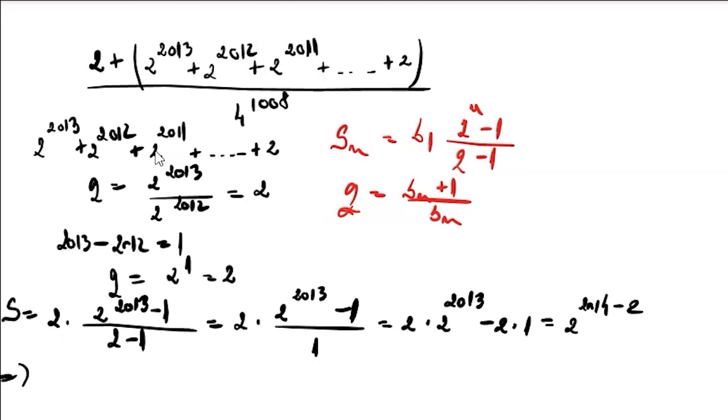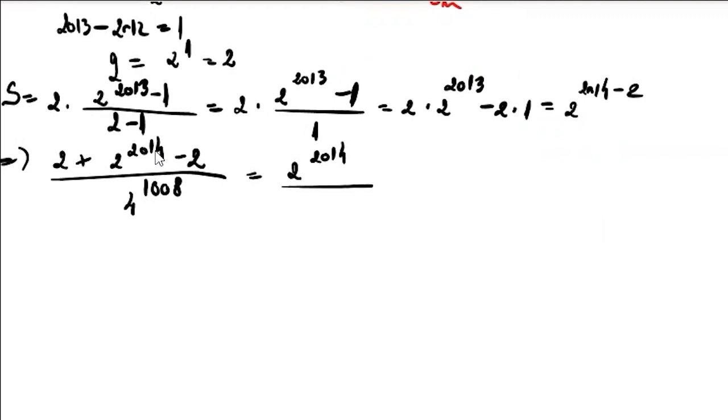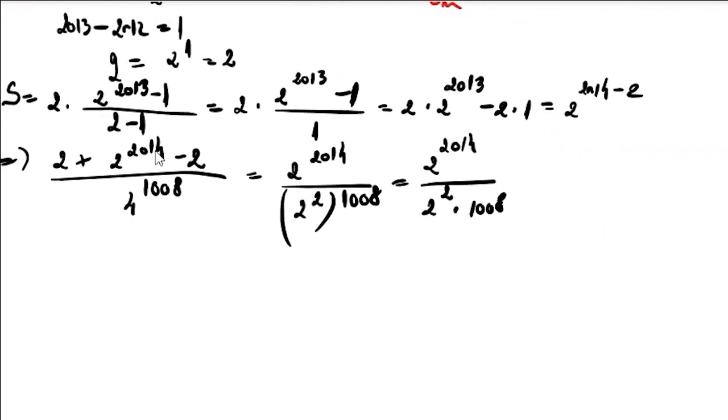a result that 2 plus (2^2014 - 2) over 4^1008 equals 2^2014 over (2^2) everything to the power of 1008, which equals 2^2014 over 2^2 multiplied with 1008, since the multiplication comes down here.